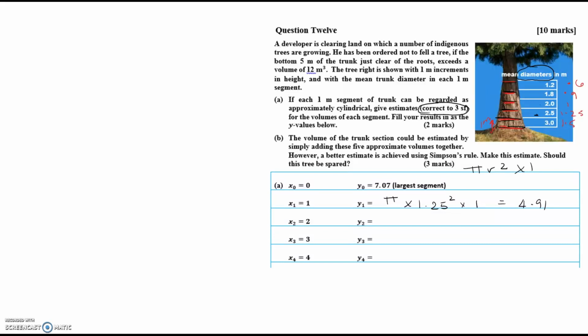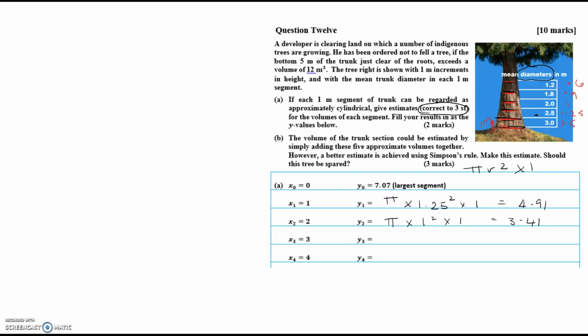The next one, the one that they haven't done, is actually the third one, but we're calling it number 2 because the first one is 0. So it's going to be pi times 1 squared times 1, because half of 2 is 1, which is just equal to pi, which you'd probably want to write as 3.41.